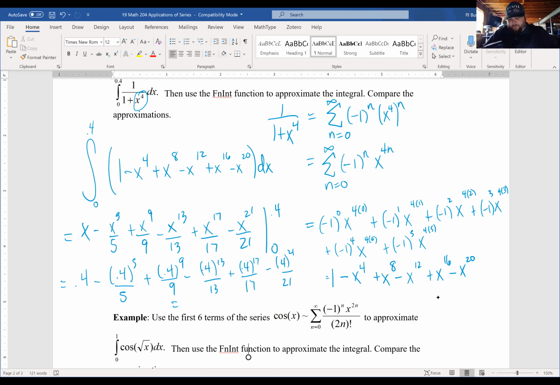If you have a question, let me know. All right, if I did that all correctly, I get 0.39798, just to 5 decimal places. And then, of course, we can use the FNINT function, which hopefully you remember is under the Math tab, number 9 option.